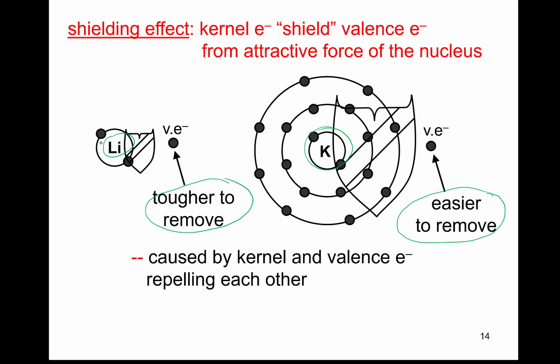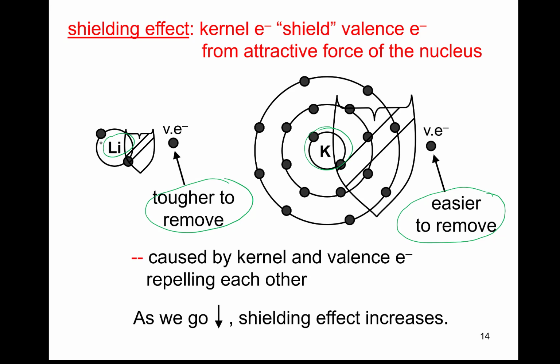So the more core electrons there are, the easier it is to remove that valence electron from that atom. So as you go down a group, your shielding effect increases, because you add an extra energy level every single period you go down. So every time you add an energy level, you're adding more of these electrons at a farther distance from the nucleus.